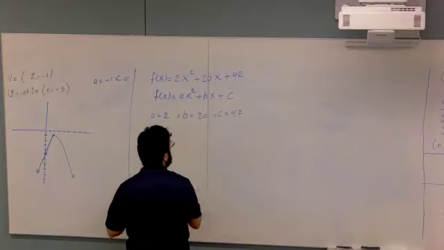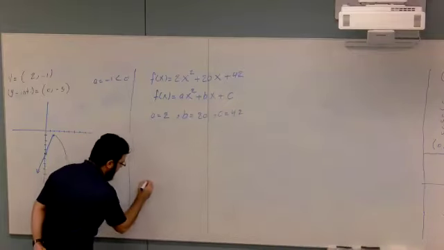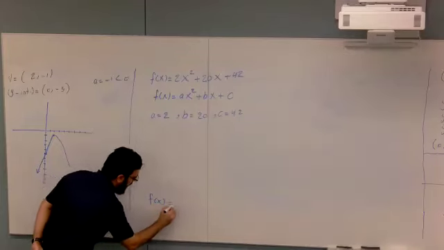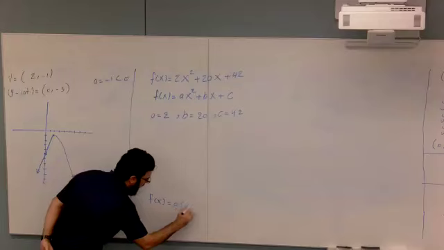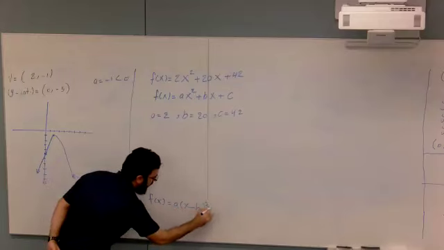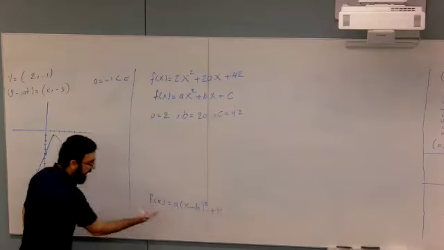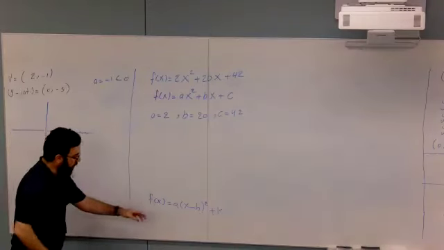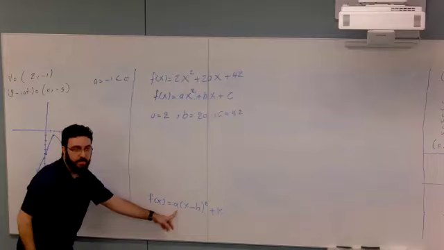They ask you to write down the vertex formula. So my goal is to find what? Find f(x) = a(x - h)² + k. That's my goal, right? Yes or no? Do I have the value of a? How much? 2.